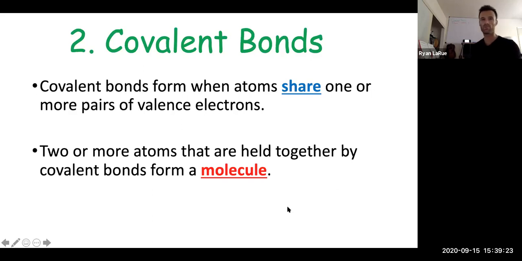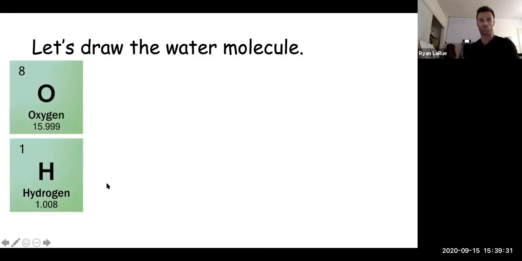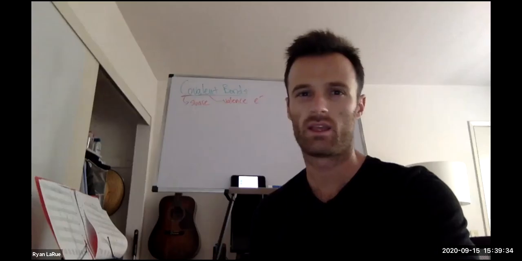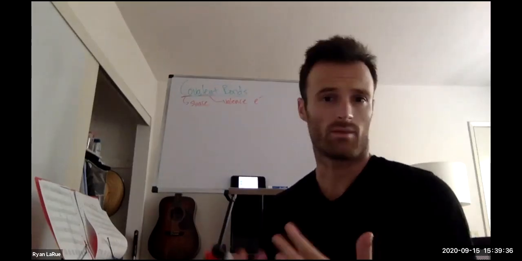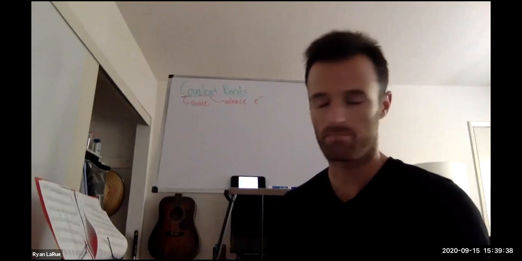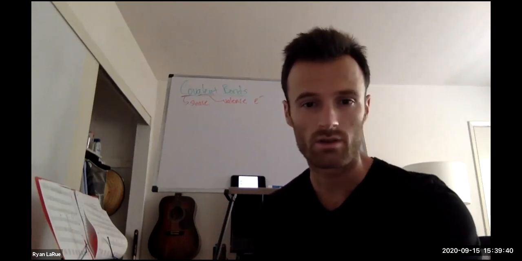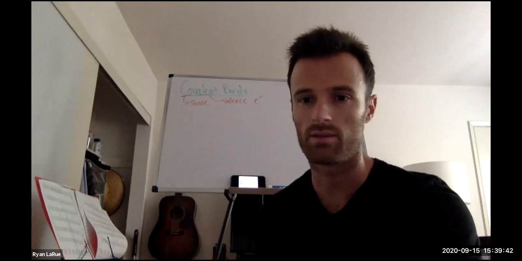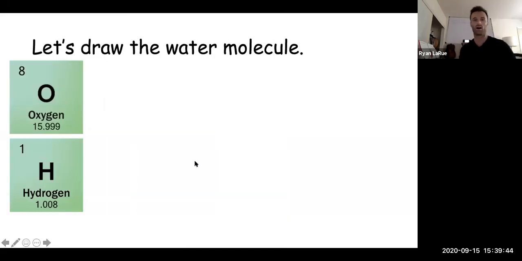All right, so what do I mean by sharing one or more pairs of valence electrons? Let's draw the water molecule, and then we'll be able to see what I mean. I'll keep the slide up here for a minute. First, water's molecular formula. What is water?